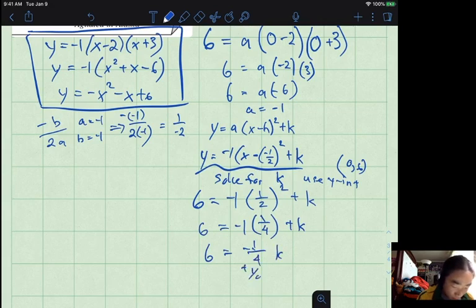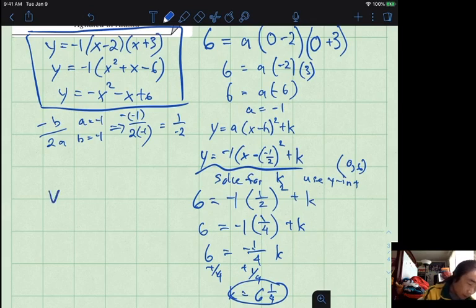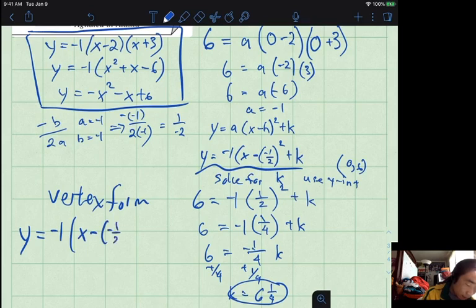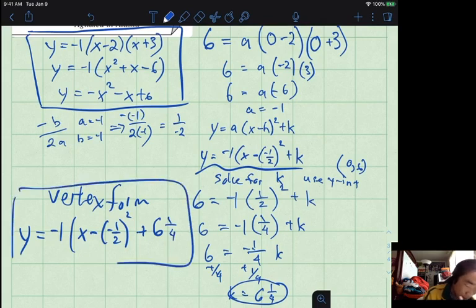Add 1/4 to both sides. k is equal to 6 and 1/4. So that means for vertex form, our equation looks like y equals -1(x minus -1/2) squared plus 6 and 1/4. It's a little messy, but that's our vertex form.